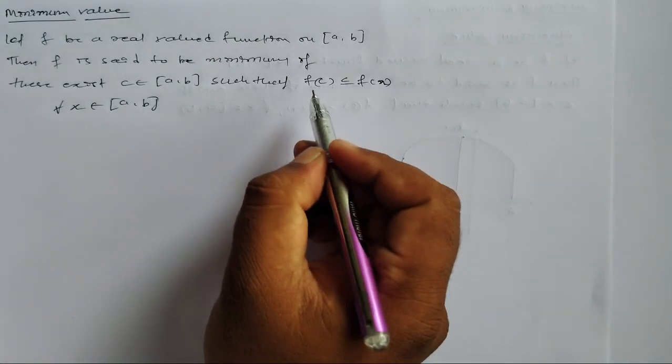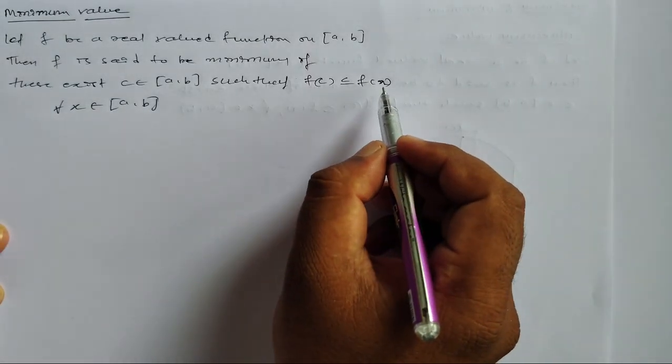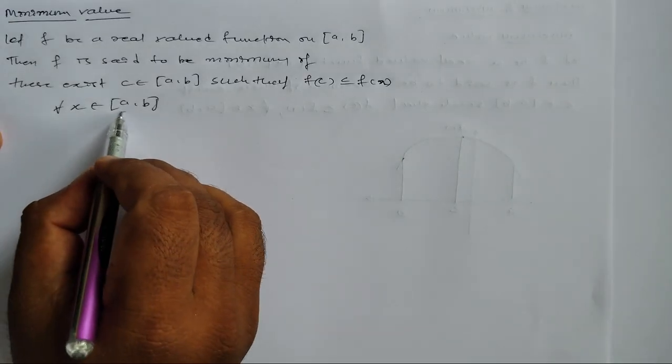Okay, right? f of c value is less than f of x for x belongs to [a, b].